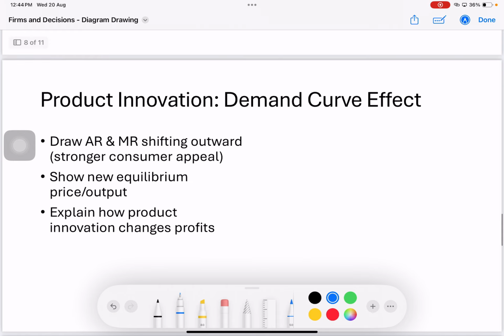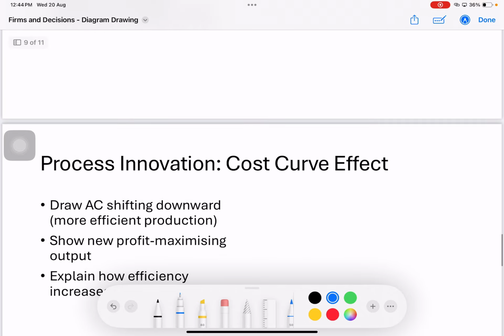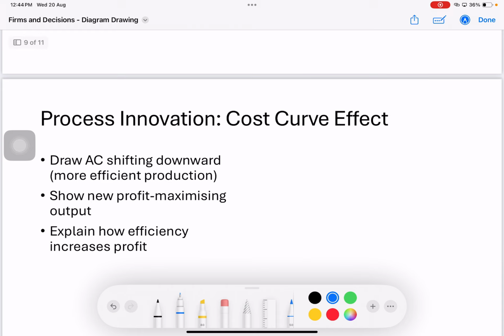Then do the same thing, how it changes the demand curve. Process innovation, also the same thing, but don't confuse. You wrote product innovation and you change your cost curve. That one I cannot save you already. Okay? Product innovation is on the product, and therefore the intent is to increase demand.